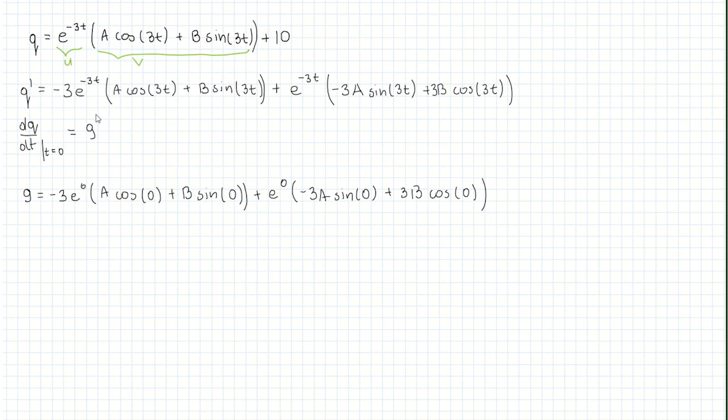Sine 0 is equal to 0 here and here, so those values cancel out.